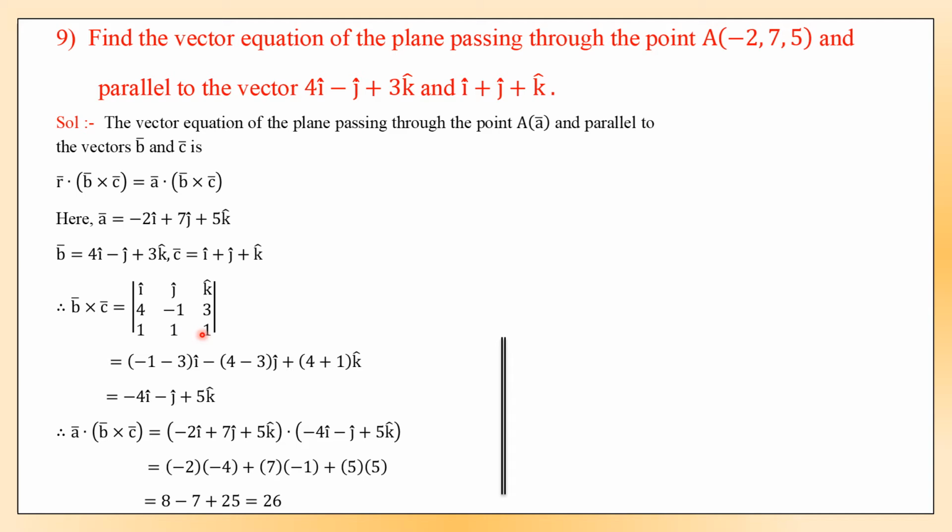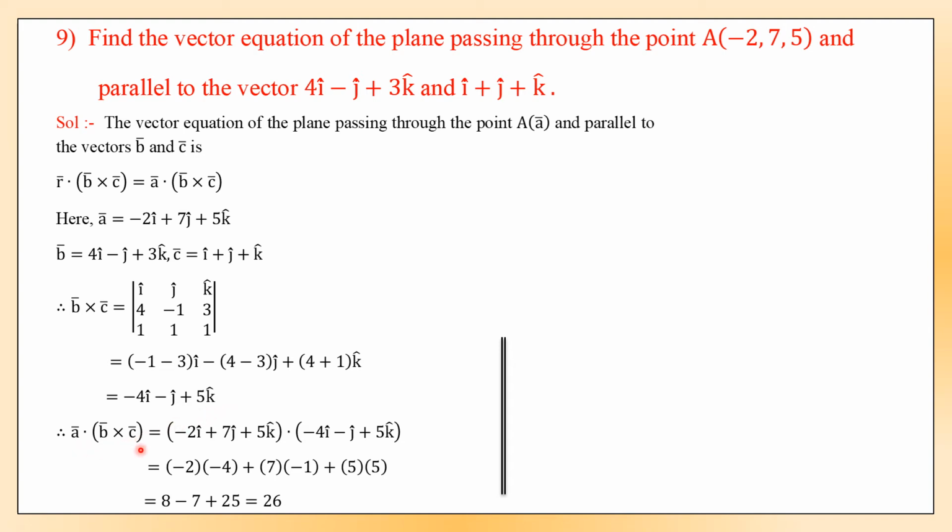Here is i: cross multiplication, minus 1 minus 3, minus 4, into i, minus 4i. Minus j: row and column deleted, 4 into 1 is 4 minus 3, that is 1, into j, with the minus sign, minus j. Plus k: 4 minus minus plus 1, 4 plus 1 is 5, 5 into k vector.